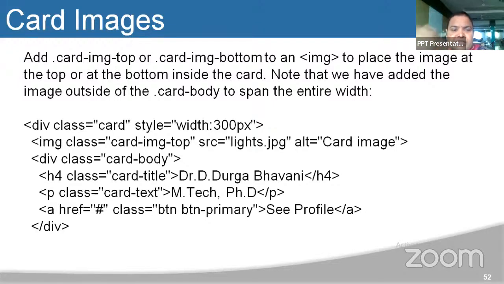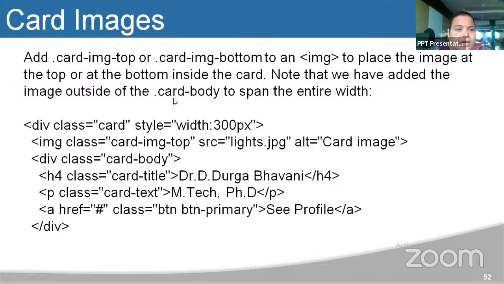Card-img-top places the image at the top, and the text is displayed below. These are the differences between top and bottom.